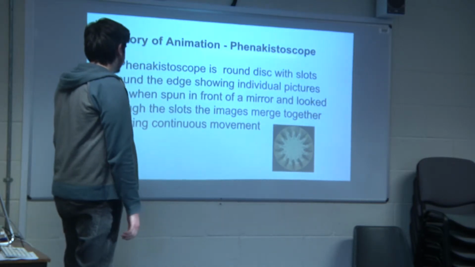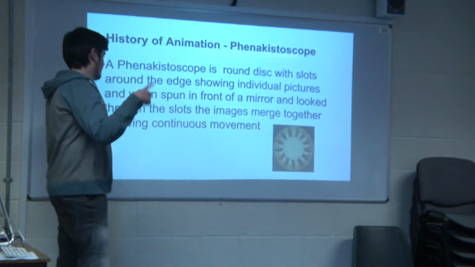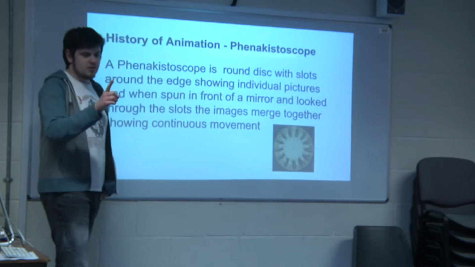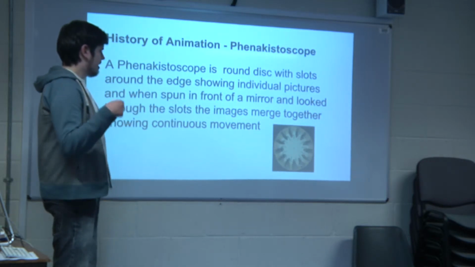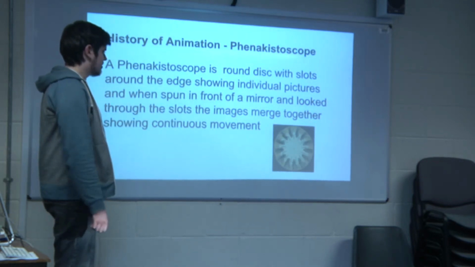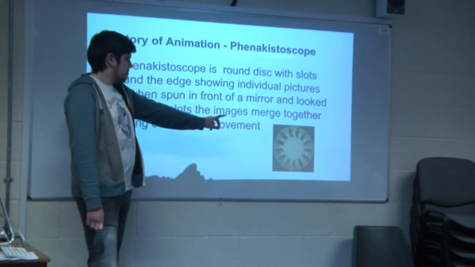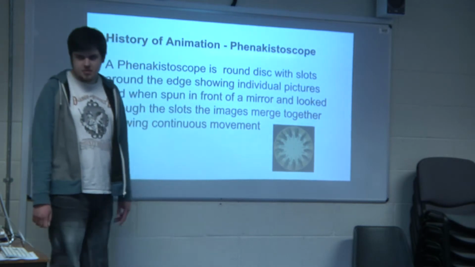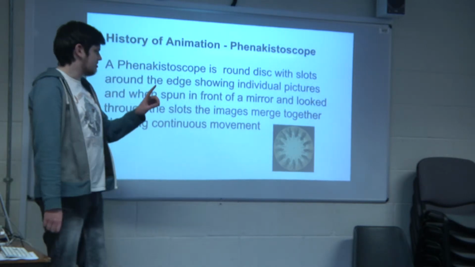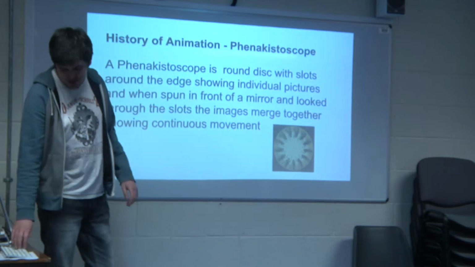It'd be spun in front of a mirror, and you'd look through the slots, and it would seem like animation was occurring. As you can see here, this would be the front of it, all the different stages spinning around. But through the slot, looking at the mirror, you just see one image at a time, but changing.